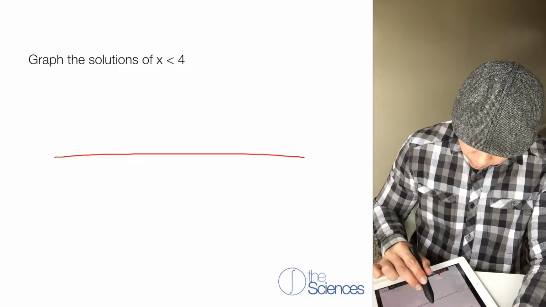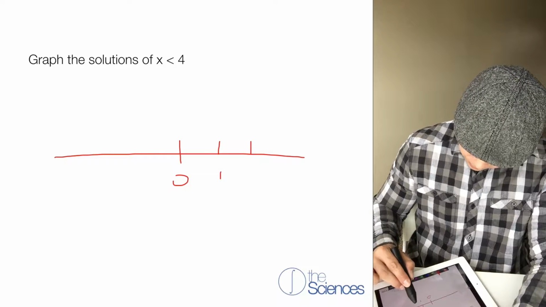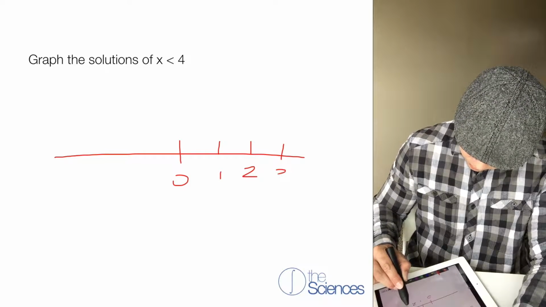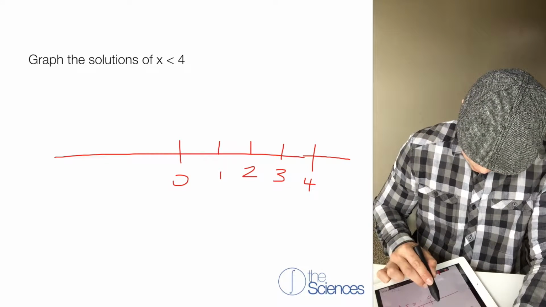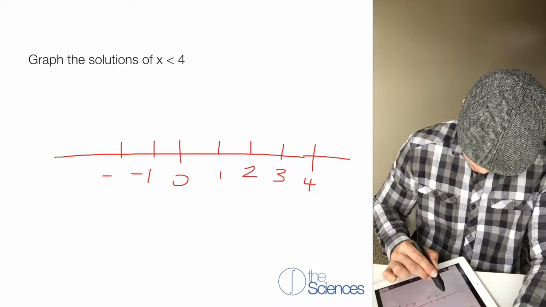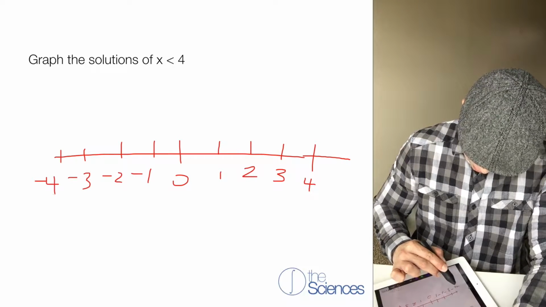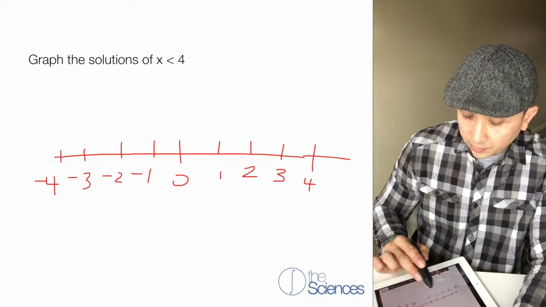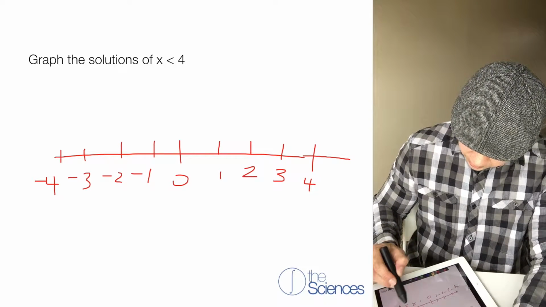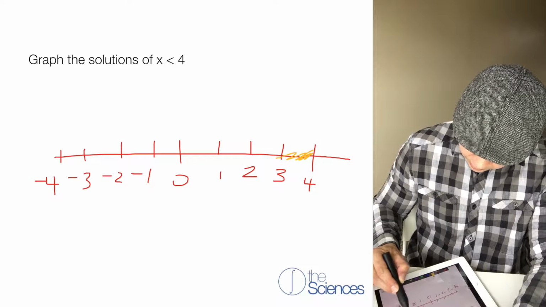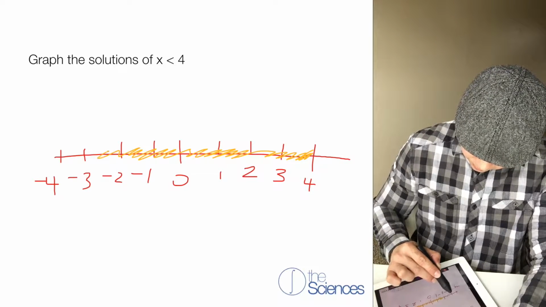So if we have our number line, and we're going to graph x is less than 4, so that means that x would go in this direction.